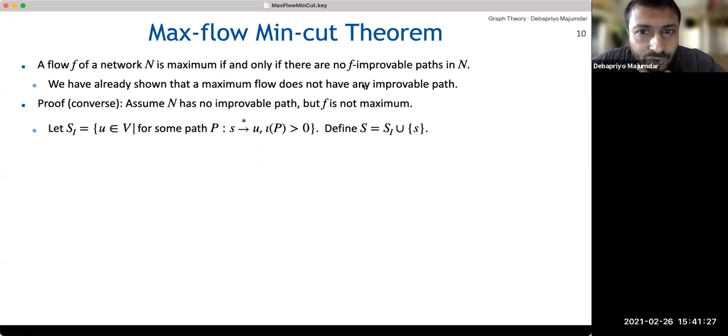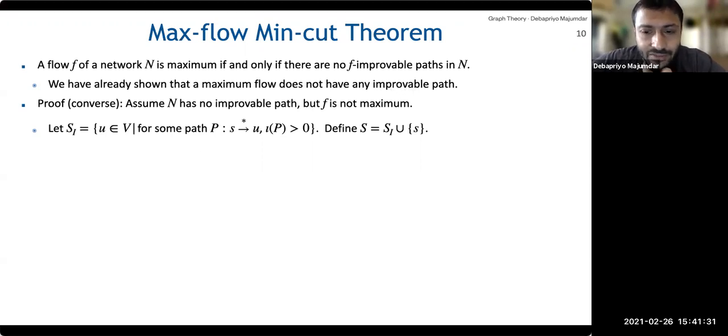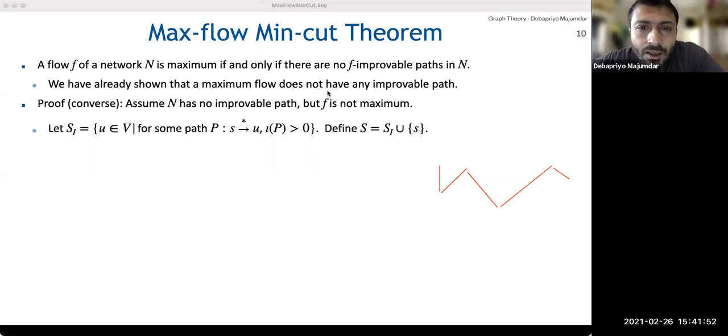So remember, what is an improvable path? An improvable path is an undirected path like this, right, from source to sink, such that the iota of that path is positive. Now we have already assumed that there is no improvable path from source to sink.